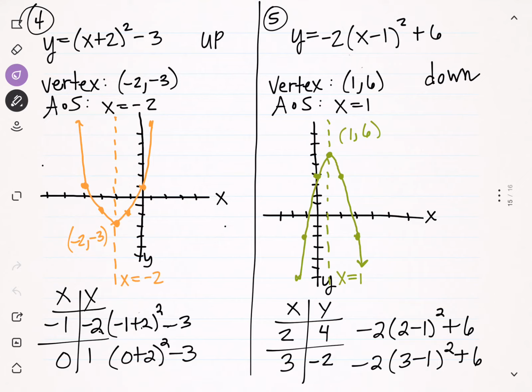So plot your vertex, draw your axis of symmetry, and the next thing is to make a table choosing 2 points to the right of your vertex. So I chose the points 2 and 3 because my vertex started at the x value of 1. I plugged those in, I got their outputs, which is 4 and -2. I plotted those 2 points, I reflected them across the axis of symmetry, and then we drew the graph.